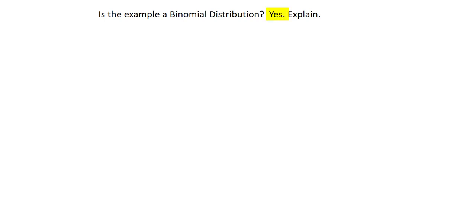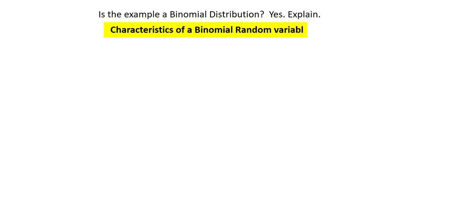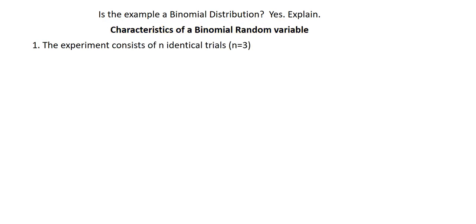Now, looking at this part of the question, is the example we just looked at a binomial distribution? The answer is yes. Now, the second part of the question is for us to explain why. We look at the properties of our binomial random variable. The first property says that the experiment must consist of n identical trials. In this case, they want to have 3 children.